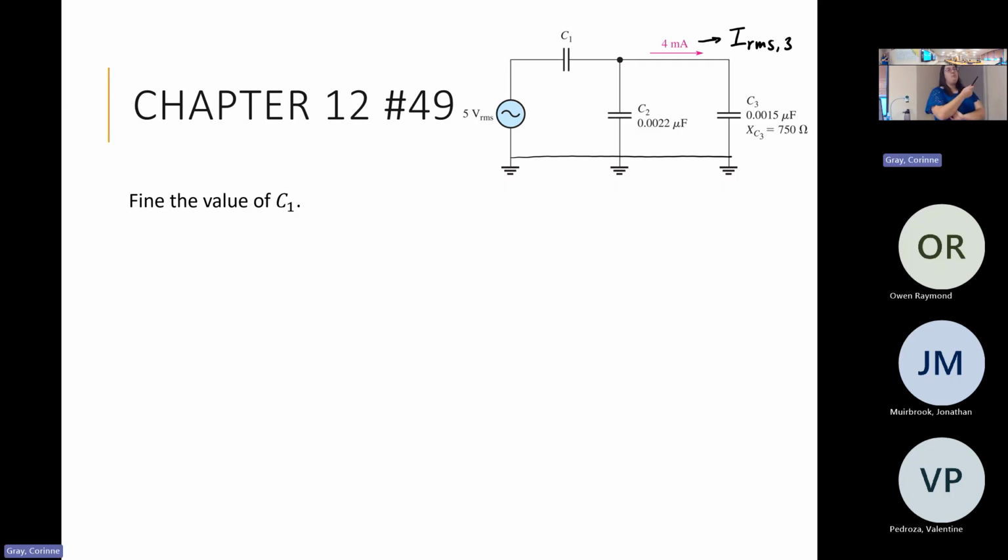Other pieces of information that both methods would need: what can we state about C3 and C2? Which means that V2 better be equal to V3.